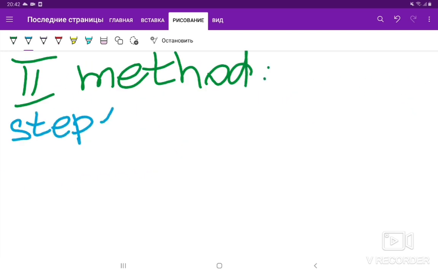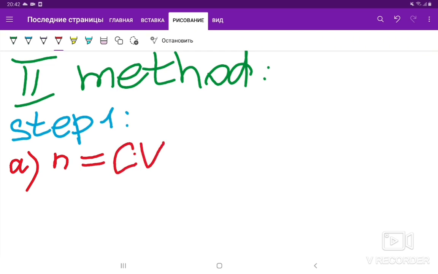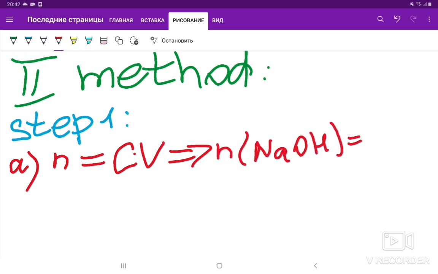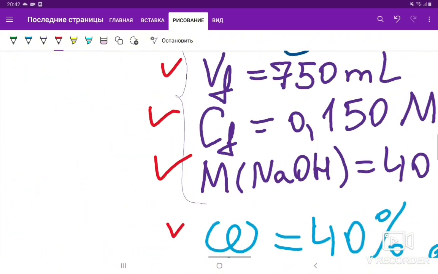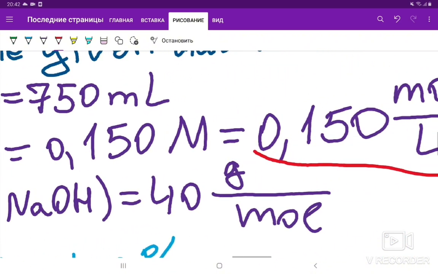Step 1, part A. What we do? We have to find the number of moles of sodium hydroxide. We know this formula, n equals CV. Hence, the number of moles of sodium hydroxide will be the concentration, 0.150, times the volume, 0.750.